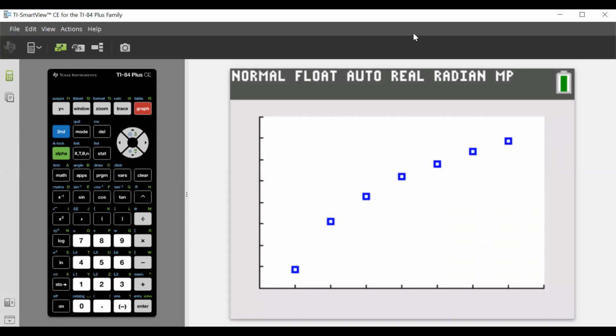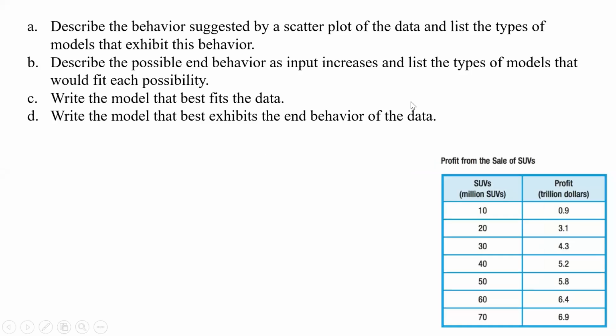Okay, so let's go over here and write that down and then think about what the problem says. So I would say for A, we could have the logarithmic or quadratic. Okay, now describe the possible end behavior as input increases. Well, it says as the number of SUVs in millions are sold, we're going to make this much profit.